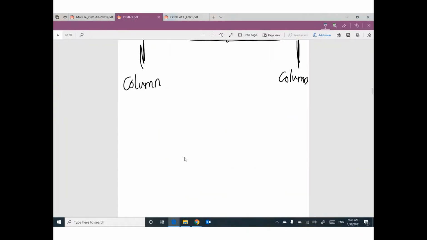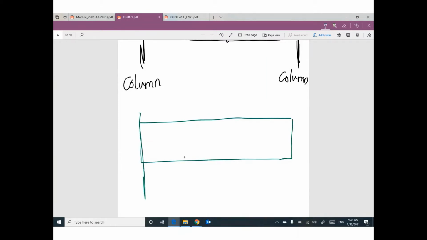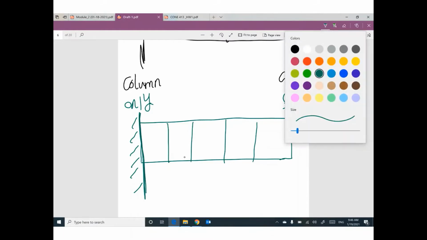Because sometimes your truss looks like a cantilever. It's supported from this side only, and this side is free. Probably you have a bridge or you have a parking area. It's supported from one side. If you divide this truss into intervals like this, what is the best direction of diagonals?